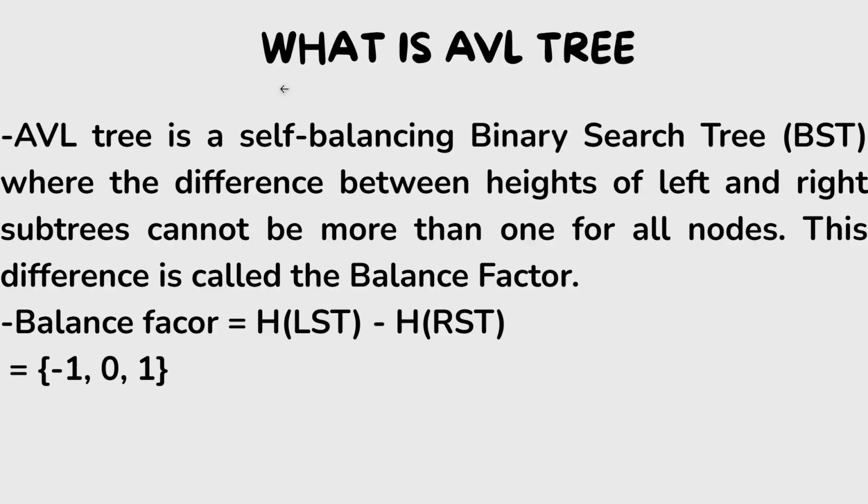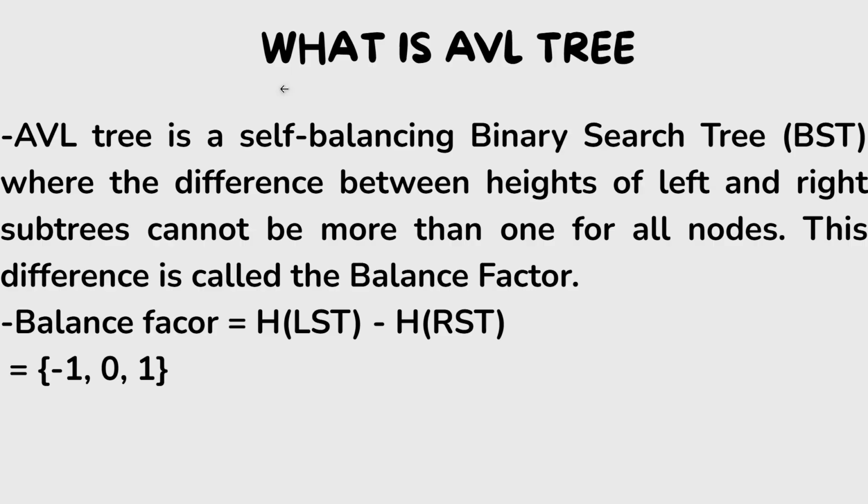And the balance factor is calculated as the height of the left subtree minus the height of the right subtree, and it must not go outside of negative 1, 0, and 1.